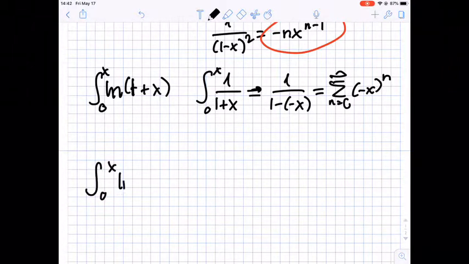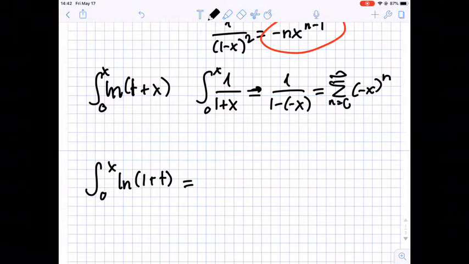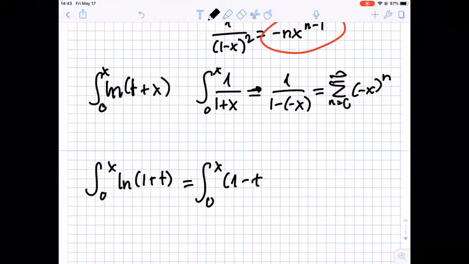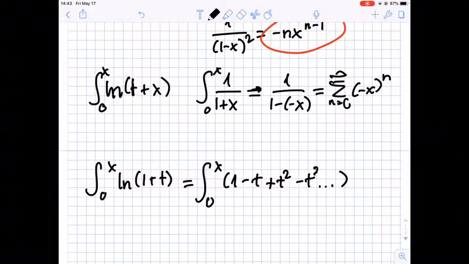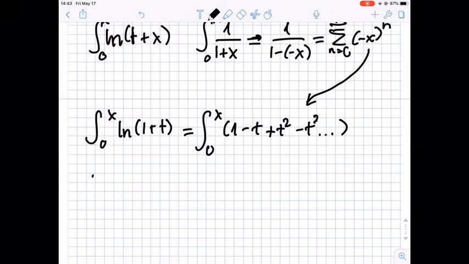We can write it a bit clearer down here: ln of 1 plus x is equal to the integral from 0 to x of 1 over 1 plus t, which we can write out term by term, like 1 minus t plus t squared minus t cubed and more, using the general term that we found above.